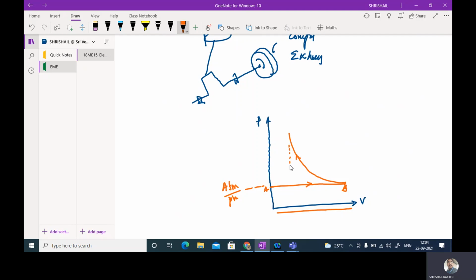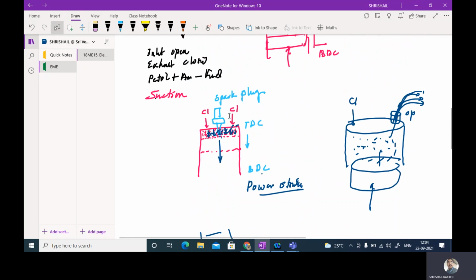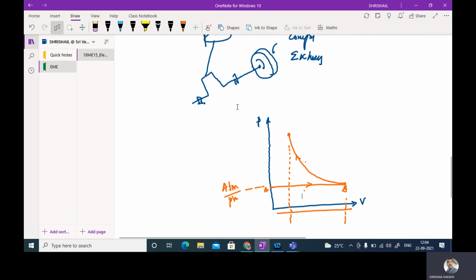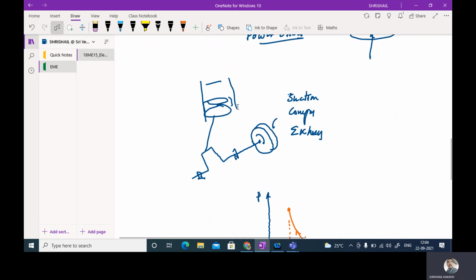Earlier the volume was this much, and it will be decreasing, and this is called the compression stroke. This is the inlet stroke or the suction stroke.